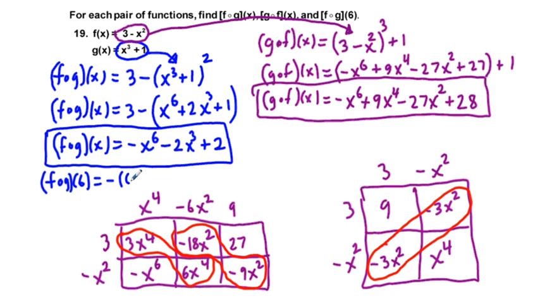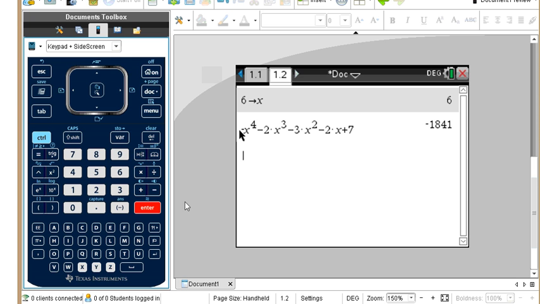You have 6 to the 6th minus 2 times 6 cubed plus 2. So I'm going to take the calculator again, and we already have 6 stored as x, so we're going to just plug in what we have here.